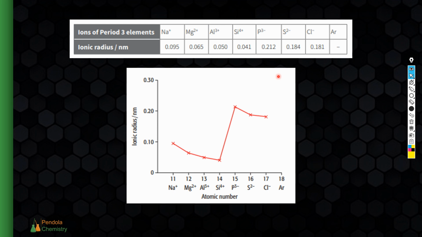As we go from the sodium ion, Na+, to magnesium 2+, to aluminum 3+, to silicon 4+, we have a general decrease in ionic radii, because we have proton number increasing.